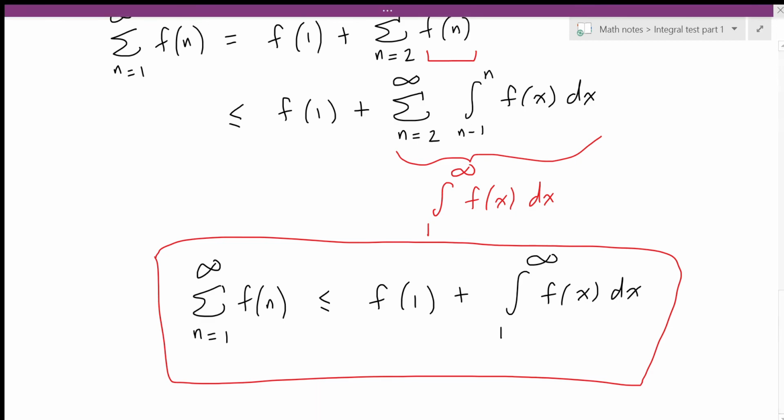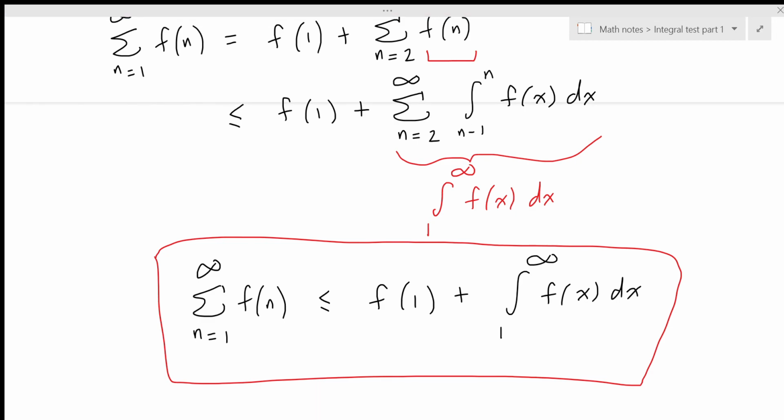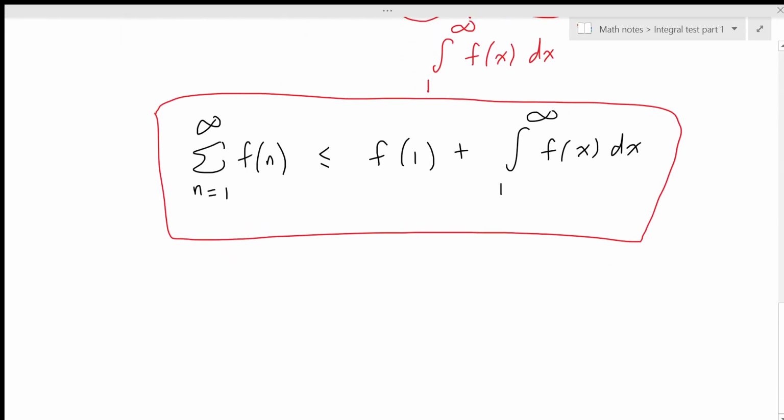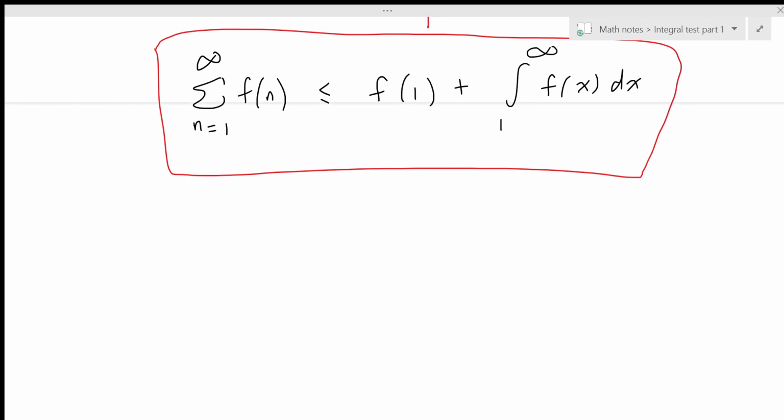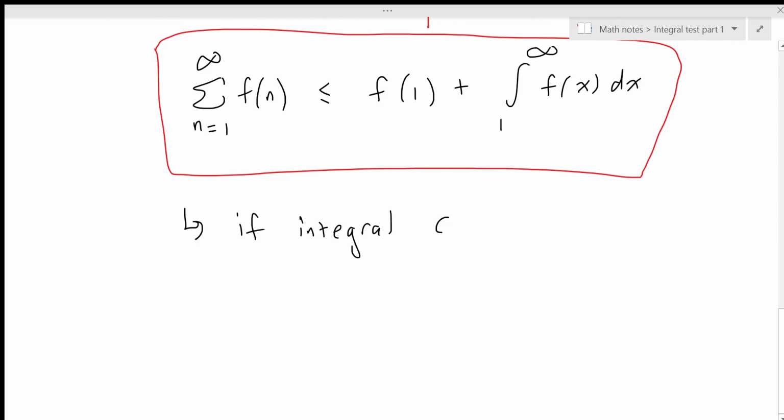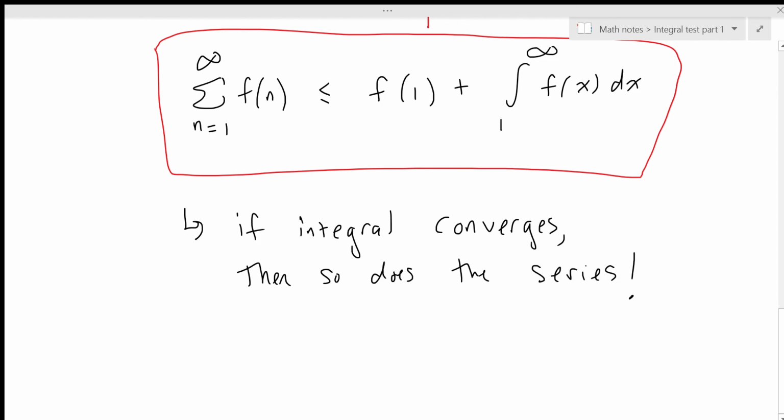And now you can see that if this integral converges, then so does the series. So let's just write that down. If the integral on the right converges, then so does the series. And that's the end of this lesson.